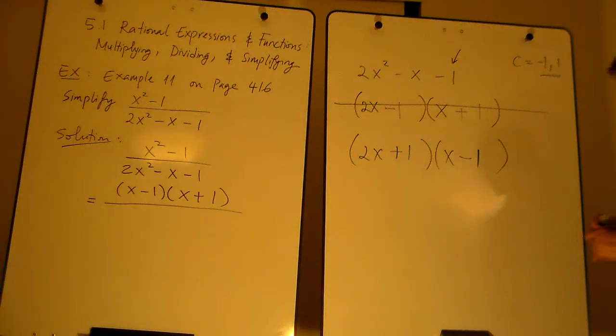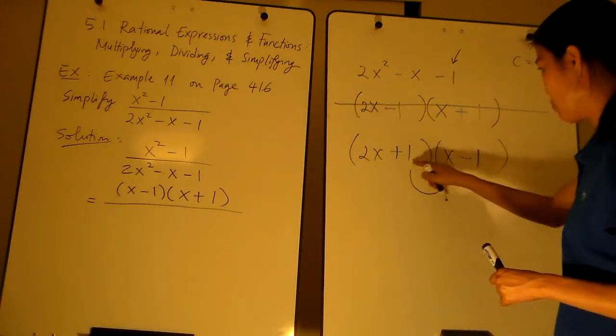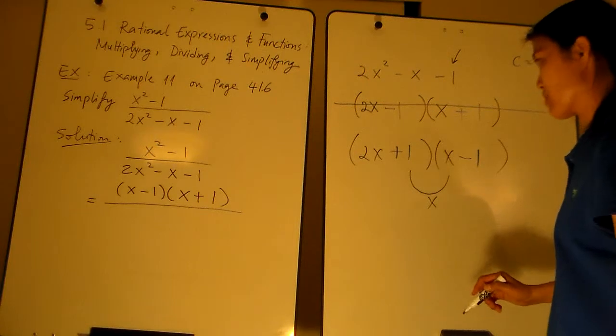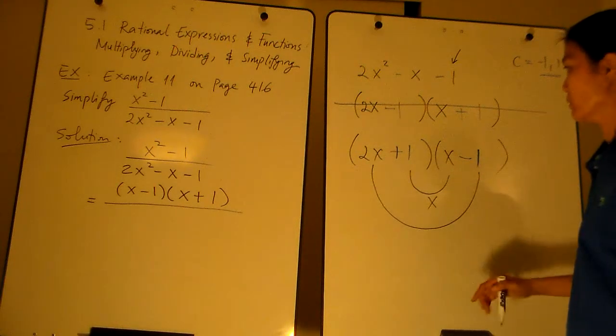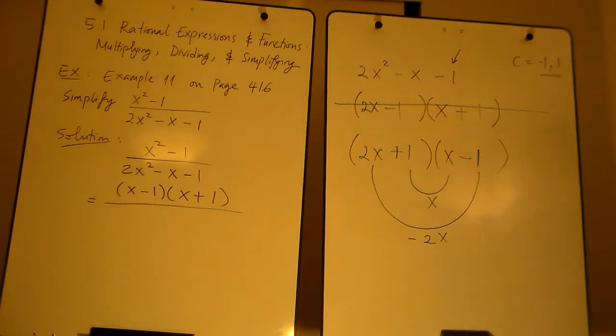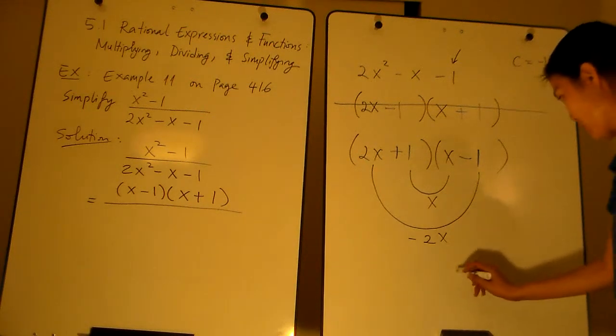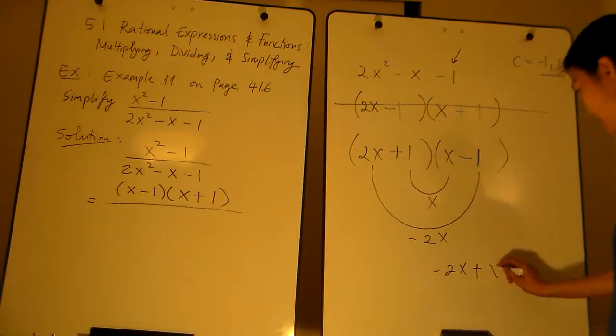Let's see what happened. Take this times this: 1 times x is x, positive x. Take 2x times negative 1. We got negative 2x. Okay? Now take the sum of these two. So negative 2x plus x is what?